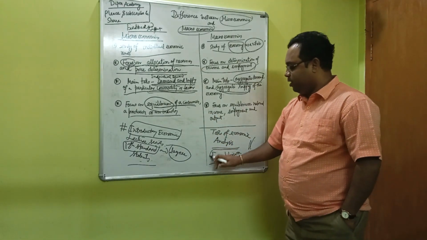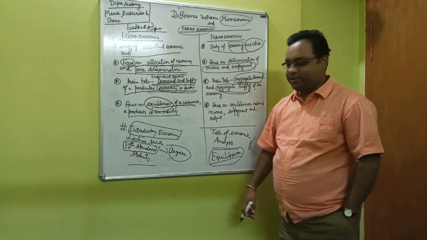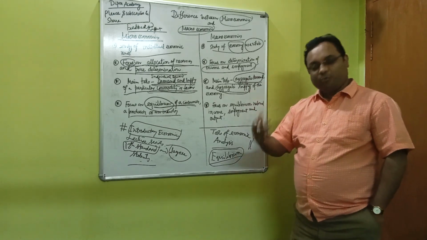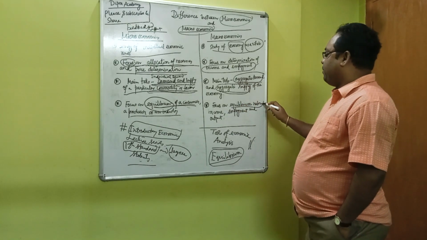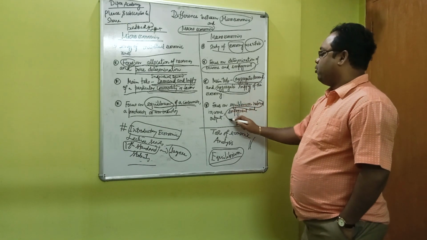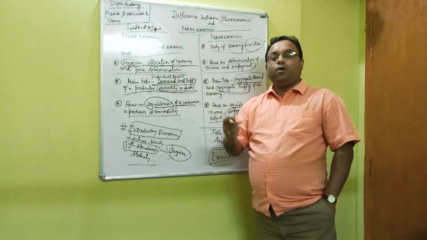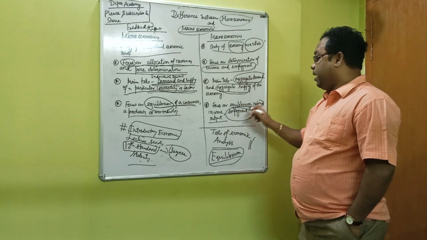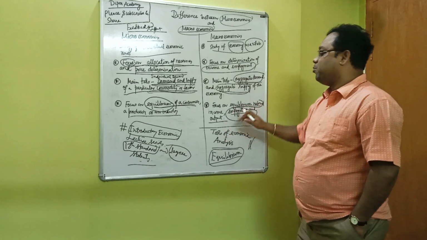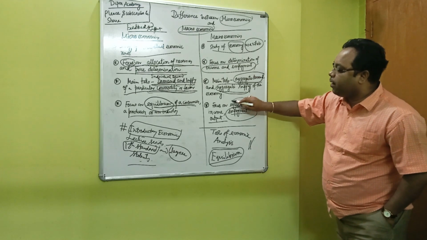We will see later what equilibrium is and how it is determined. The focus of macroeconomics is equilibrium, national income, employment and output, for the whole country.